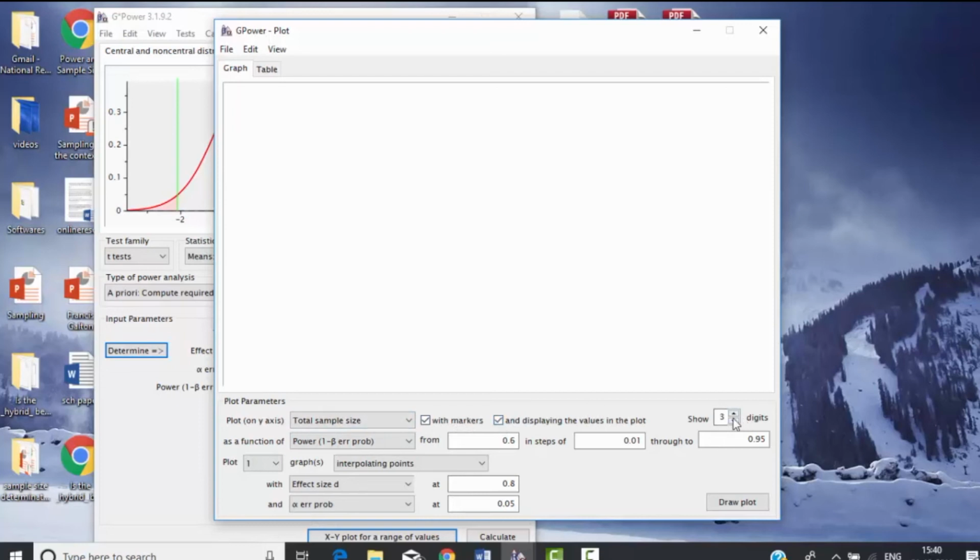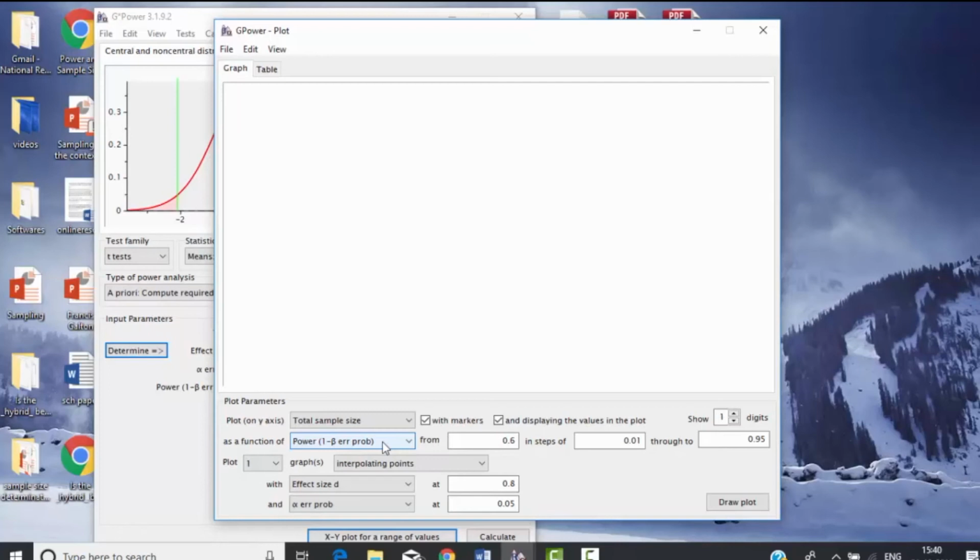It will show 3 digits. We may not require 3 digits. Probably we require no digits or 1 digit. Now, as a function of 1 minus the error probability, therefore, we would like to know as a function of power what exactly.